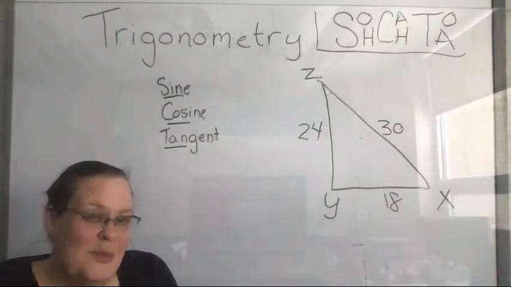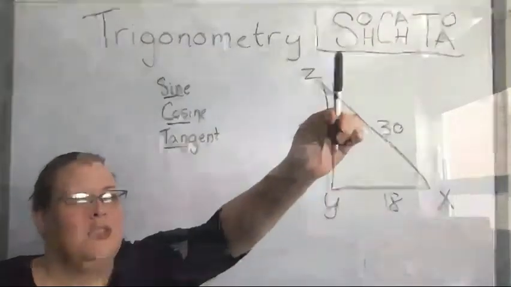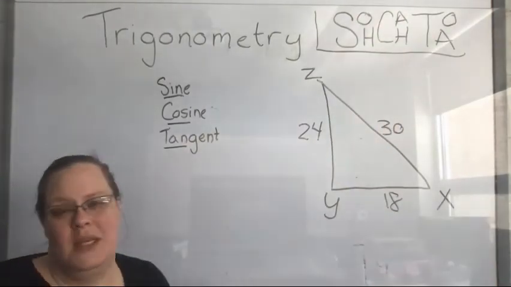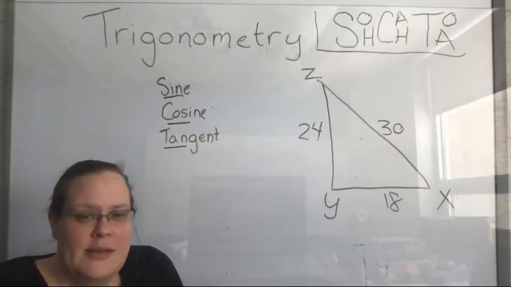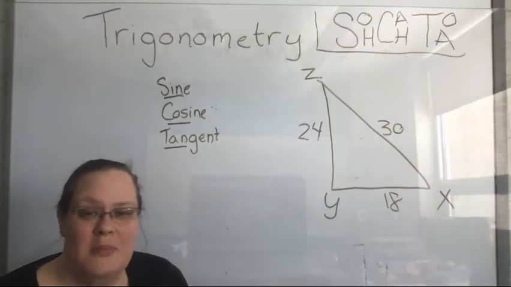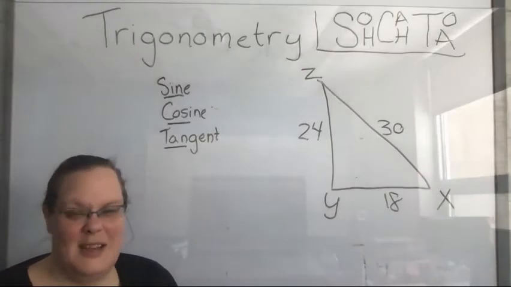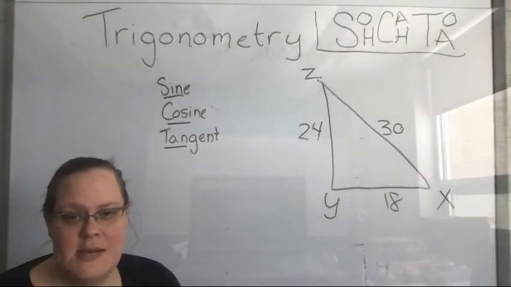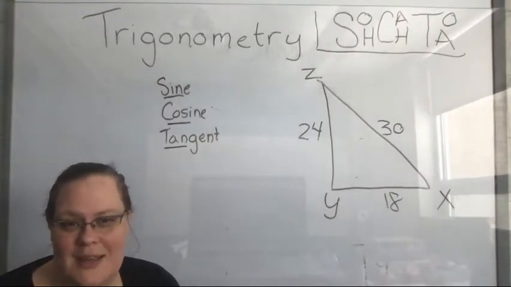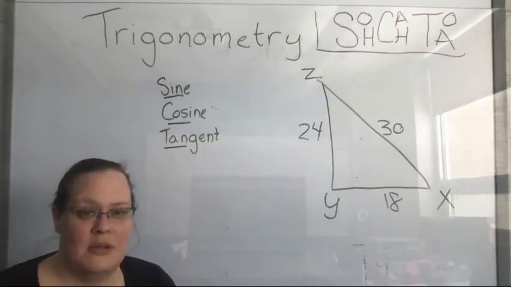Now, the first thing you should put in your notes is this funny word. I learned this, and maybe your parents have learned this, by remembering the word SOHCAHTOA. The word SOHCAHTOA gives us a way to remember these different ratios.